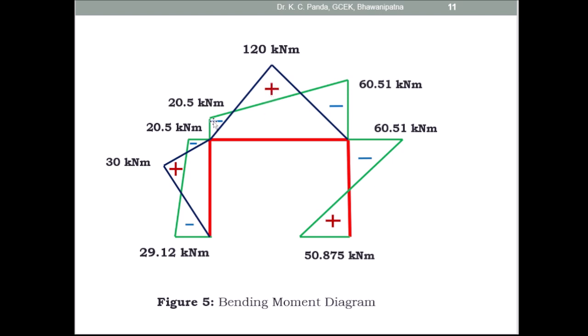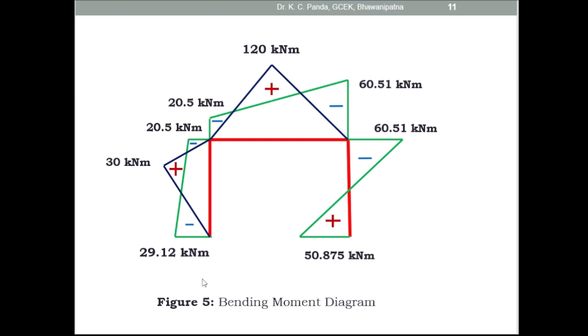Similarly, you can find out the maximum positive moment here. Here also you draw one line parallel to this horizontal line and make two triangles. One triangle this one and another triangle this one, and find out this ordinate. Then you know this one is 20.5. So find out the total ordinate here, and here you see this is 120 kilonewton meter, and you deduct this portion, so that you get the maximum positive moment here.